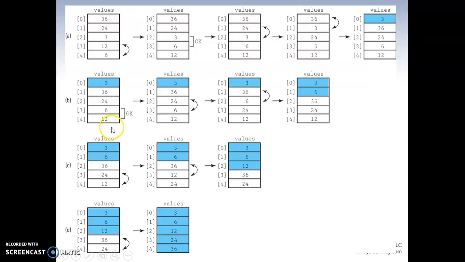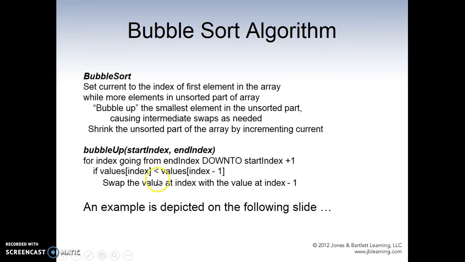So it starts to do that, 12 and 6. Now let's see, is the value at index less than... 12 less than 6?